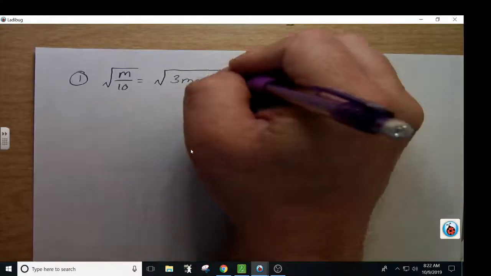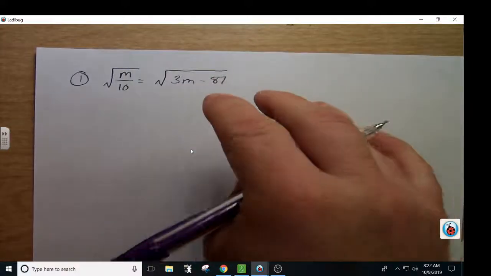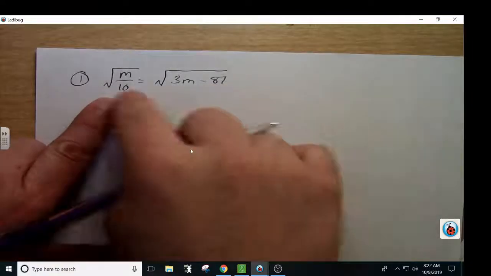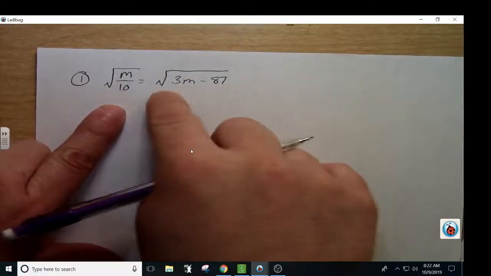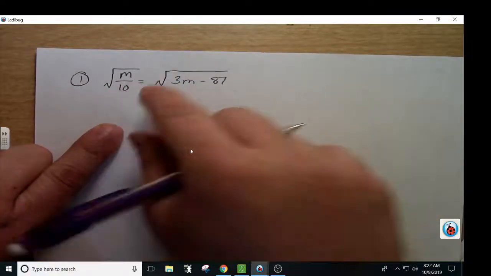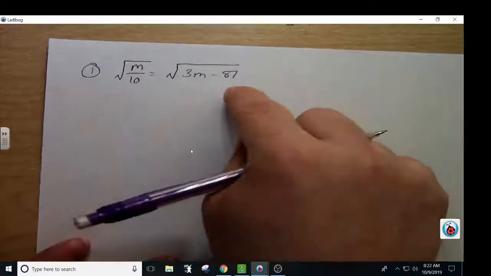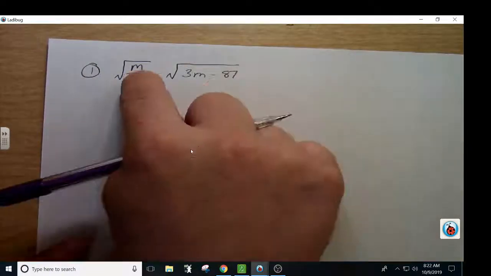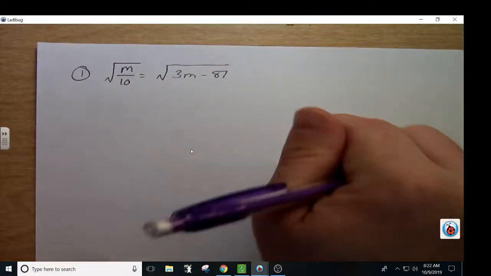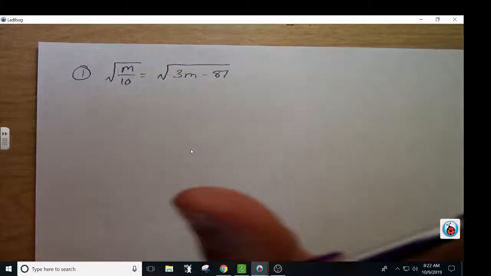Okay. Now, guys, let me go ahead and tell you this. When you have a square root over something like this, like 3m minus 87, m over 10, you cannot do any kind of operations with these expressions until you get the square root to go away. Until you get the square root to go away, those are pretty much off limits.